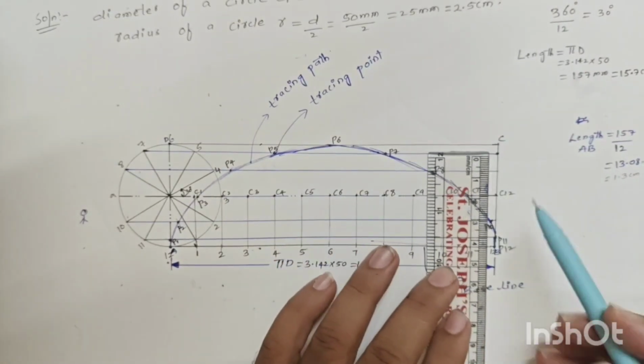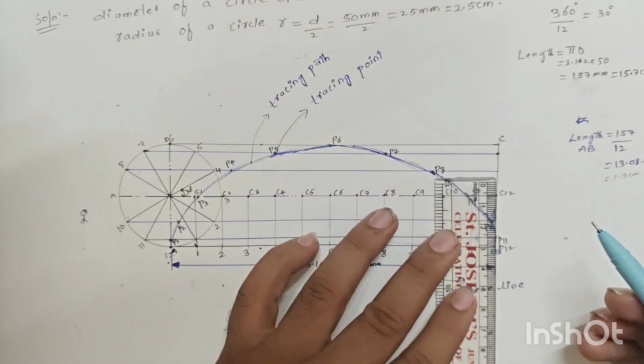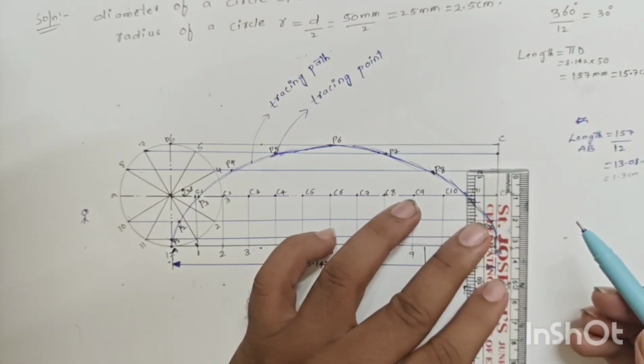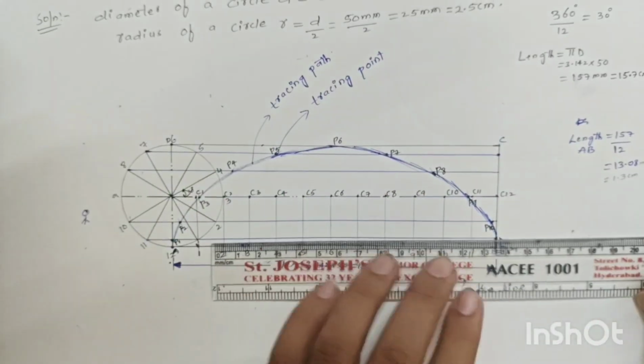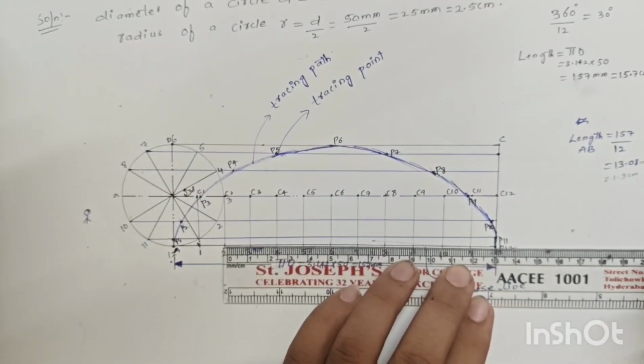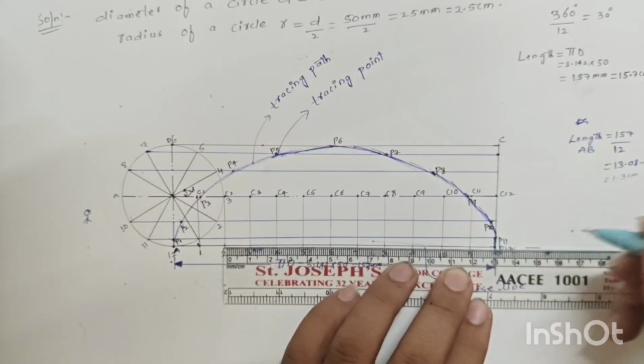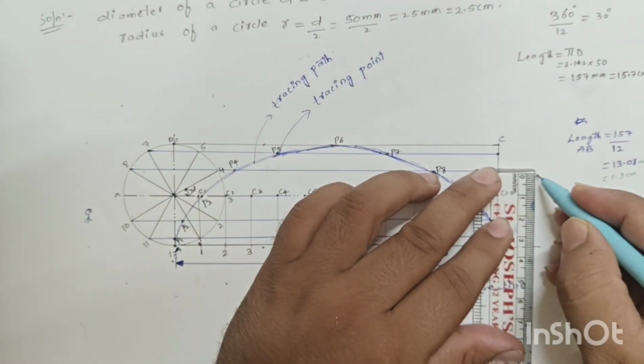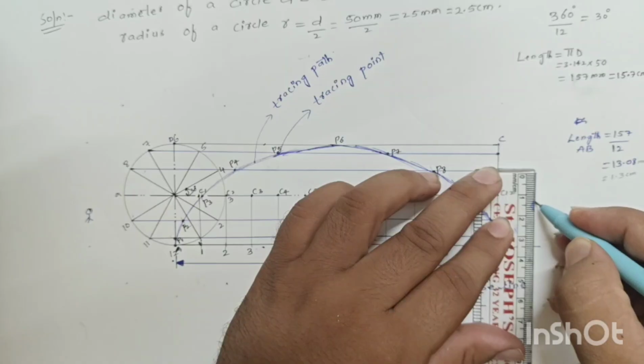Okay. From this point we need to measure a length of how much? 3.5 centimeter. Clear? How much, dear? 3.5 centimeter.